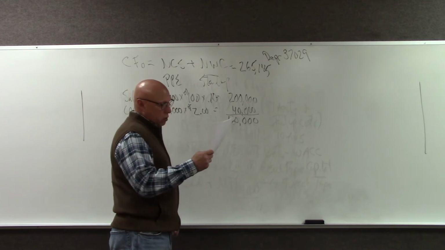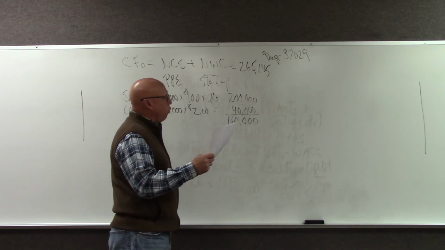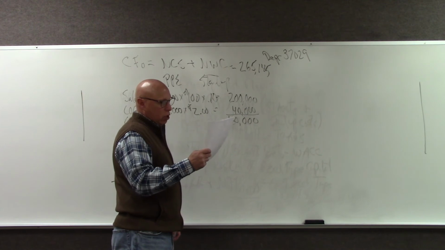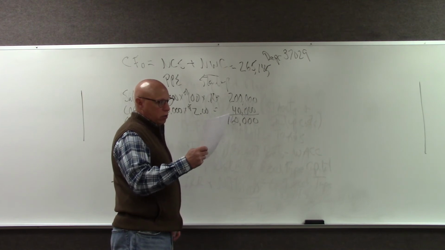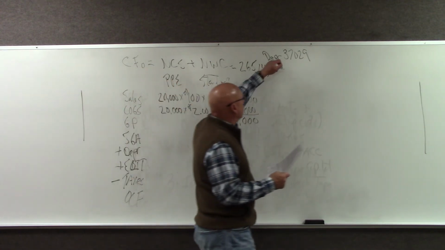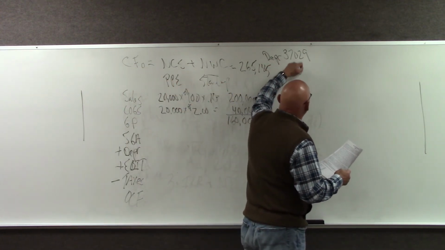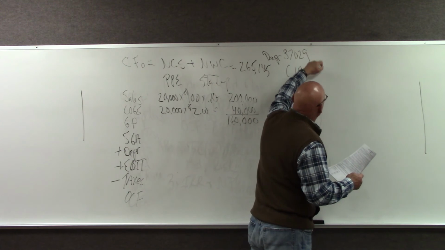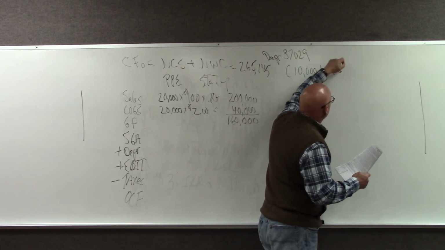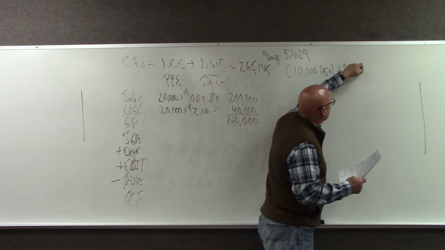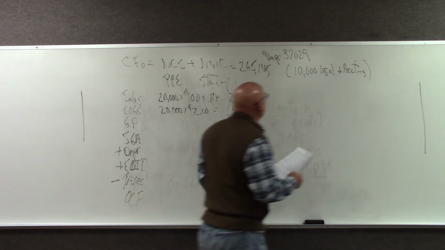And so the 265,145 includes the $10,000 of legal and accounting. So that's already included in there, $10,000 for legal and accounting. Okay?